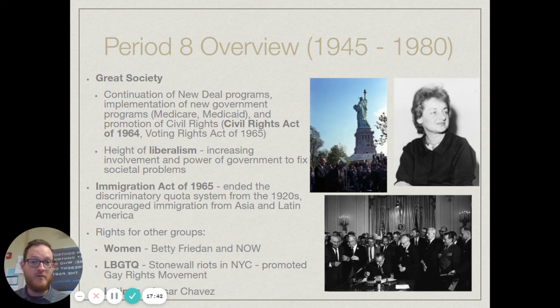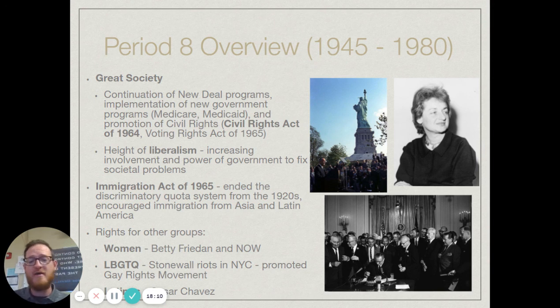So you would see a continuation of New Deal type programs, new government programs put in place, such as Medicare and Medicaid, as well as the civil rights bills that I've already talked about that get passed. And this is seen as kind of the height of liberalism, with increasing involvement of the federal government and the power of the government to step in and try to fix some of the problems in society that people saw.